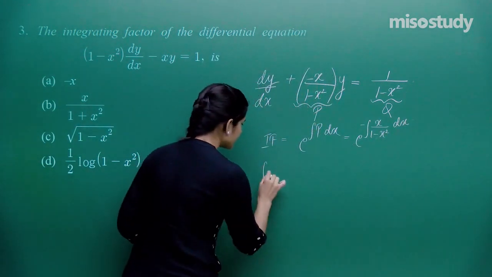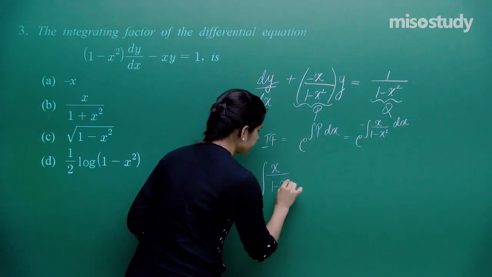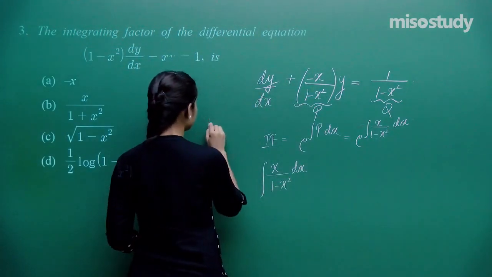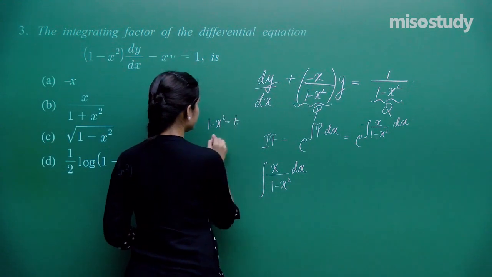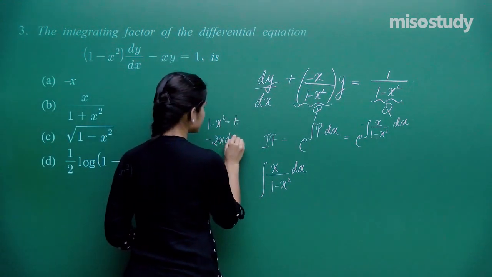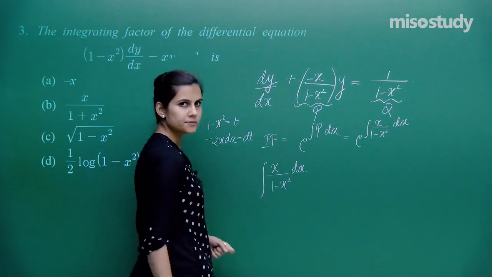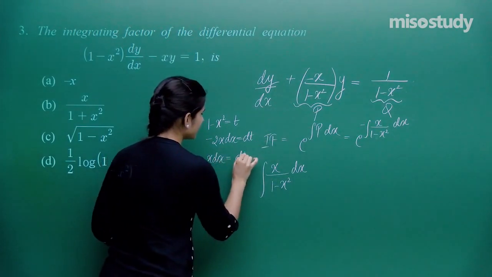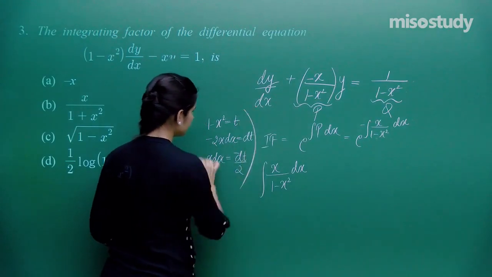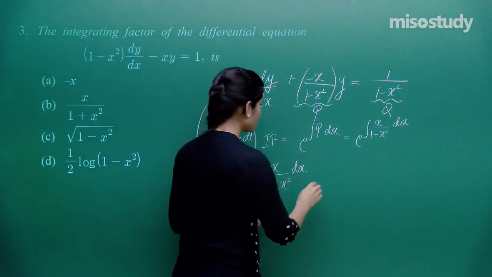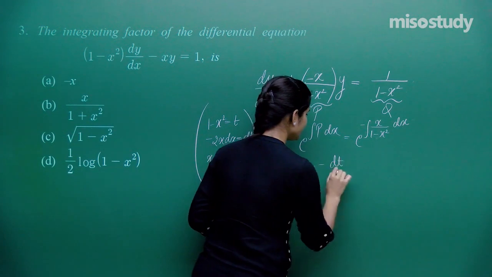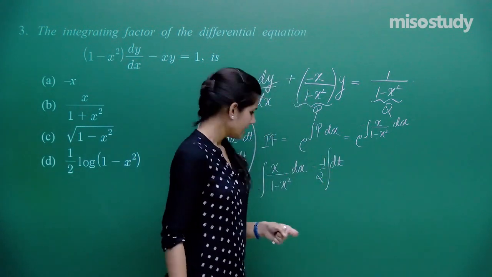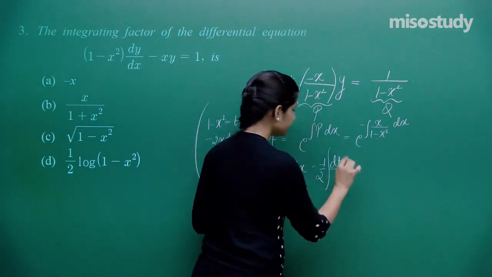Let's separately see this. If I take 1 minus x square as t, this gives me minus 2x dx is dt, and I get x dx is minus dt by 2. So x dx will be minus dt by 2, and denominator is t.